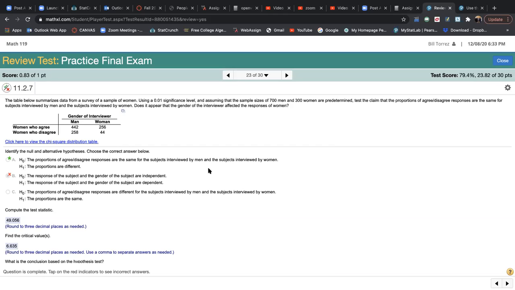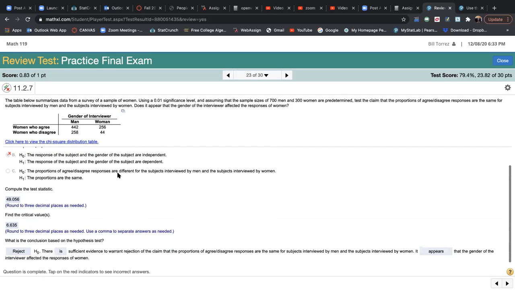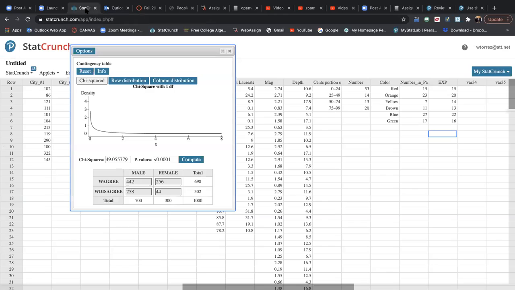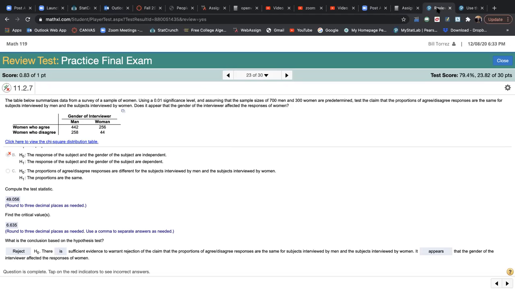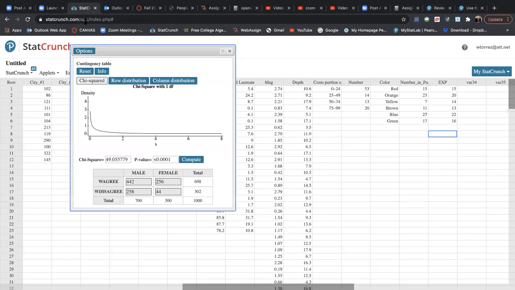Okay, so let's go ahead and compute the test statistic, which we just did, and we got a value of about 49. And we have to round it to 3 places. So if we round this to 3 places, we get 49.056. All right.